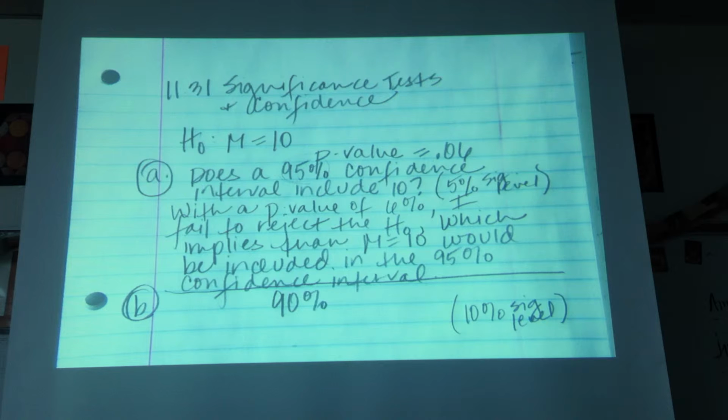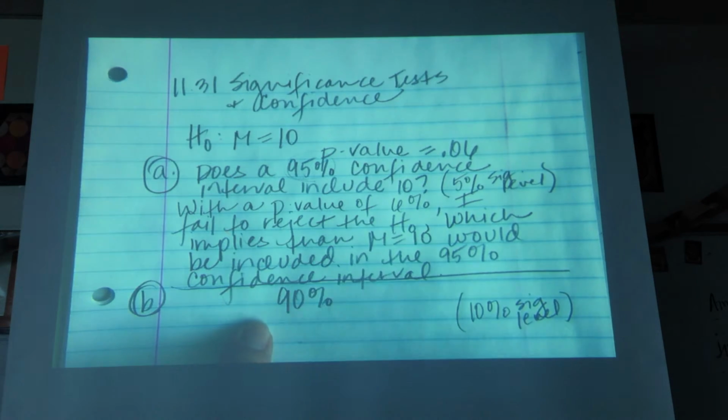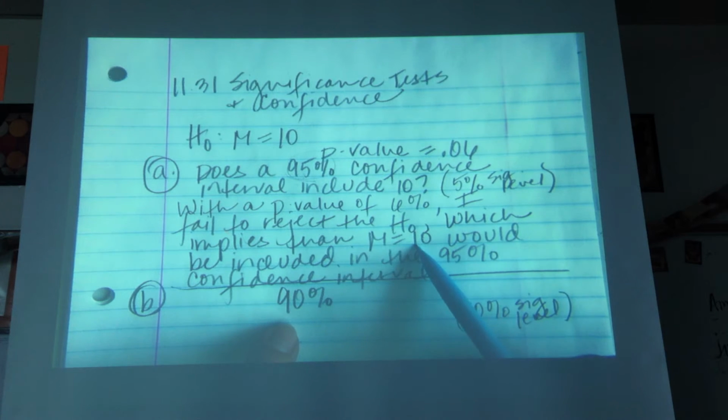And so if I am rejecting the null, it is safe to assume that the mean of 10 is outside of my 90% confidence interval. What they're saying is it should be 10. My sample is telling me otherwise, which means that the corresponding interval would not contain the expected mu of 10.